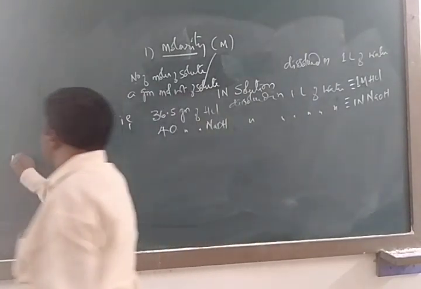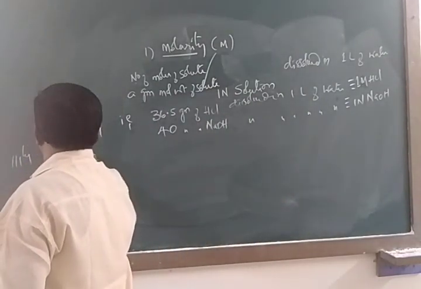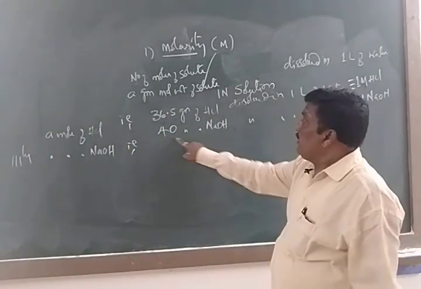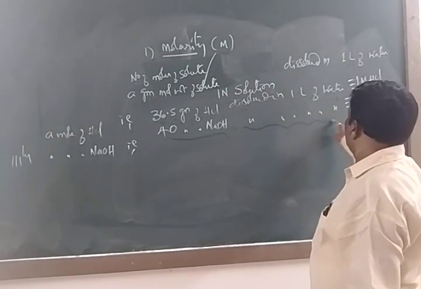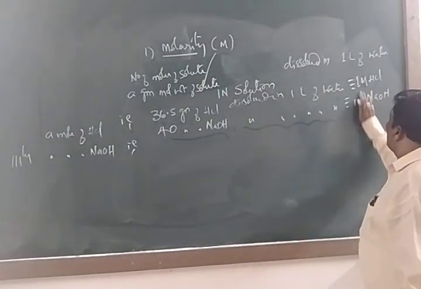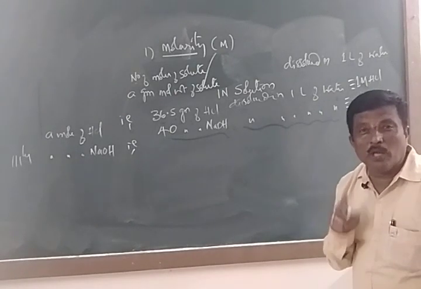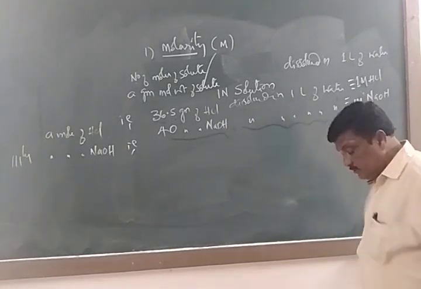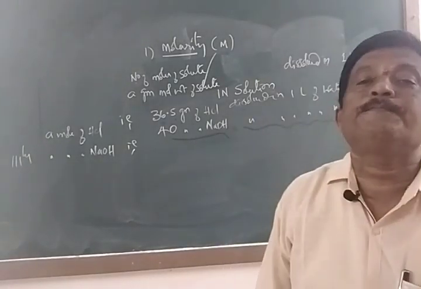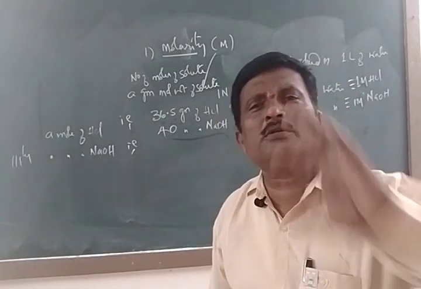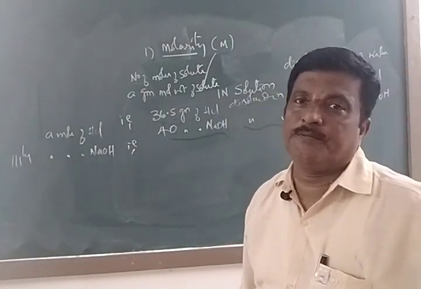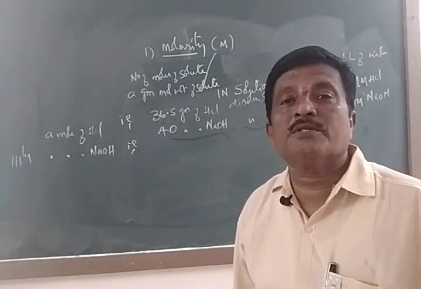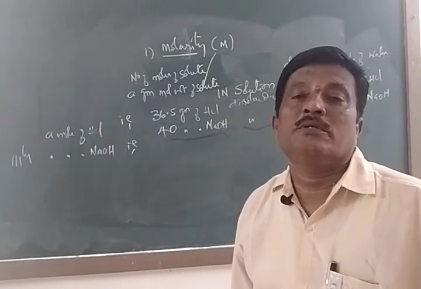Similarly, a mole of NaOH, that is 40 grams of NaOH dissolved in 1 liter of water, is called 1 M or 1 molar NaOH solution. Therefore, what we can conclude is that this is a very common term used to express the strength of a solution, that is molarity. Still many terms are there to discuss, which I am going to discuss in the next class.